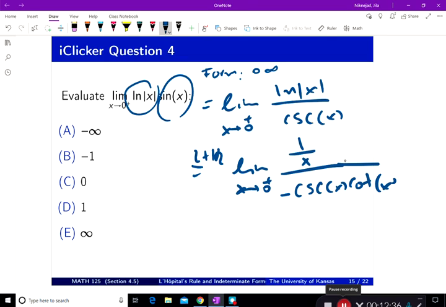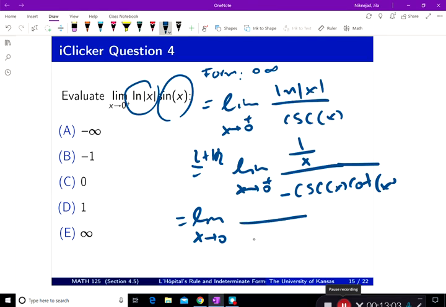And that is an indeterminate form again, because we get 1 over 0 over 1 over 0, which is infinity over infinity. At this point, I do not recommend taking L'Hopital's rule one more time. What I recommend is to simplify.